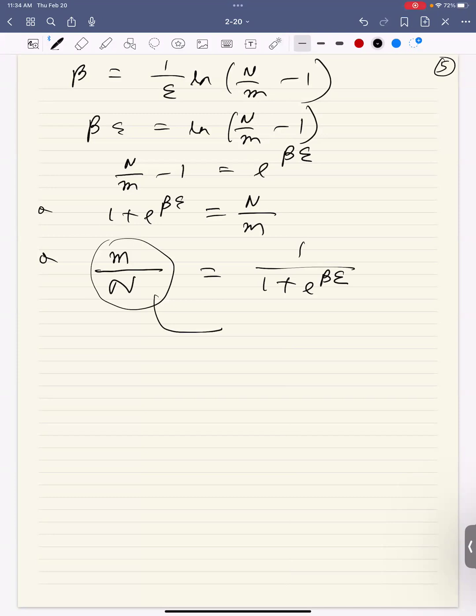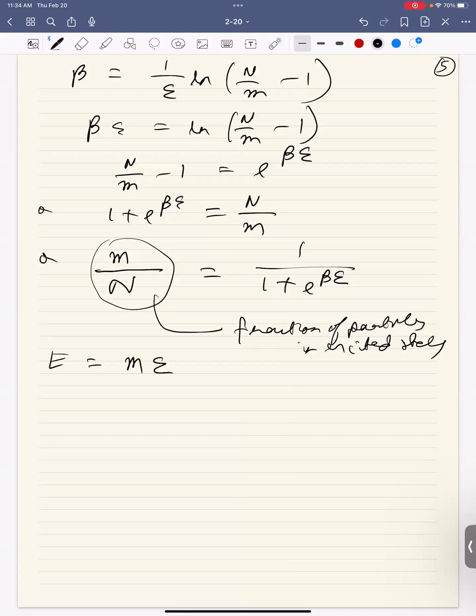Does this have a physical significance? This is the fraction of particles which are in excited states, right? And we also know that energy is equal to m multiplied by epsilon.